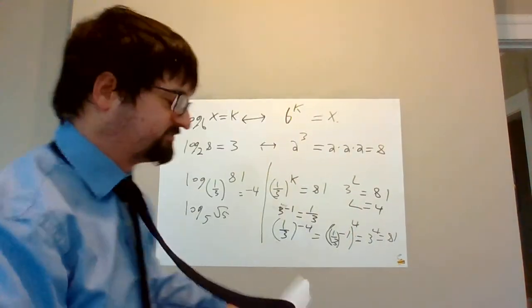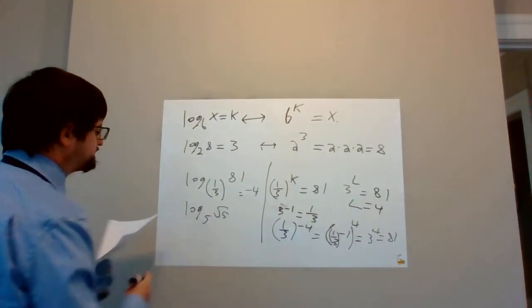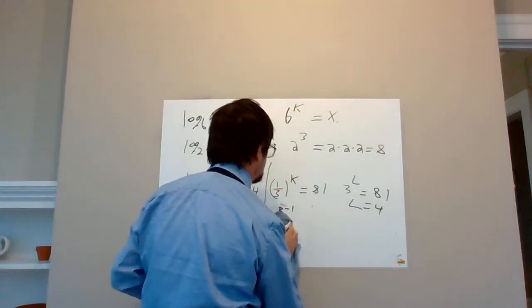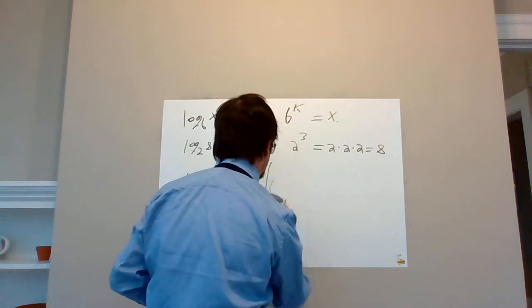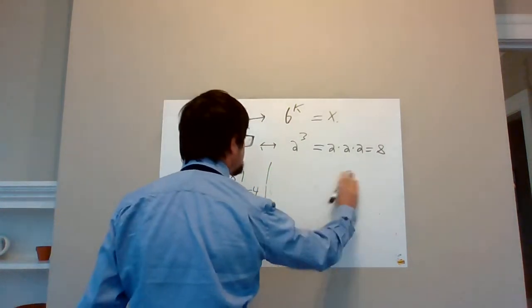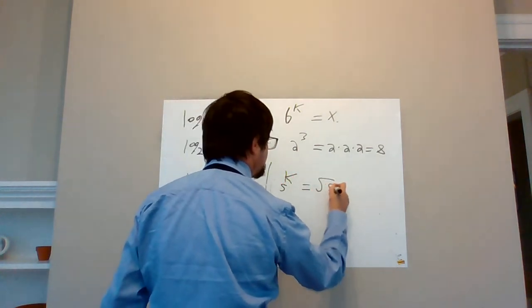Now, we'll try to do something similar for log base 5 of root 5. We need a number k such that 5 to the k equals root 5.